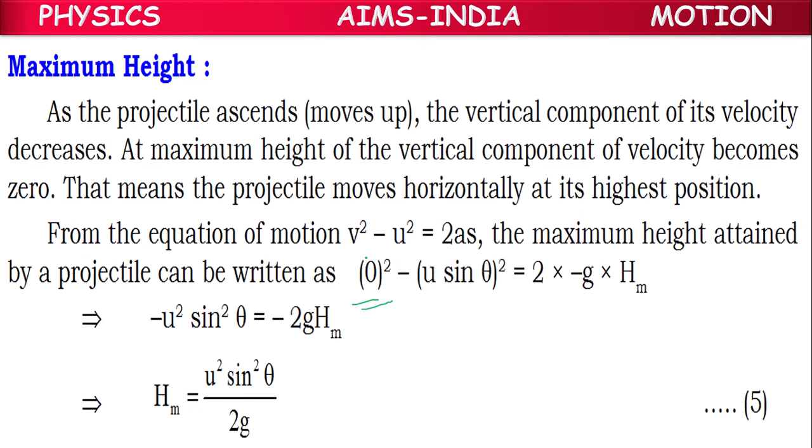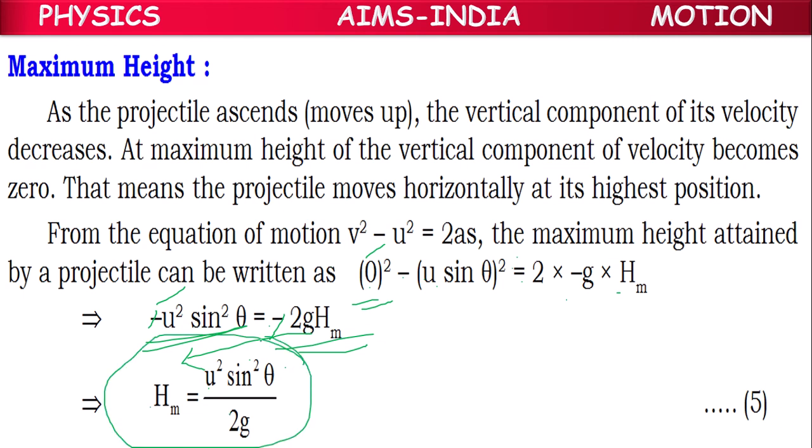So 0 square equals 0, and we have minus u square sin square theta equals minus 2g H_M. This minus cancels, the 2g goes down, and u square sin square theta by 2g equals H_M.